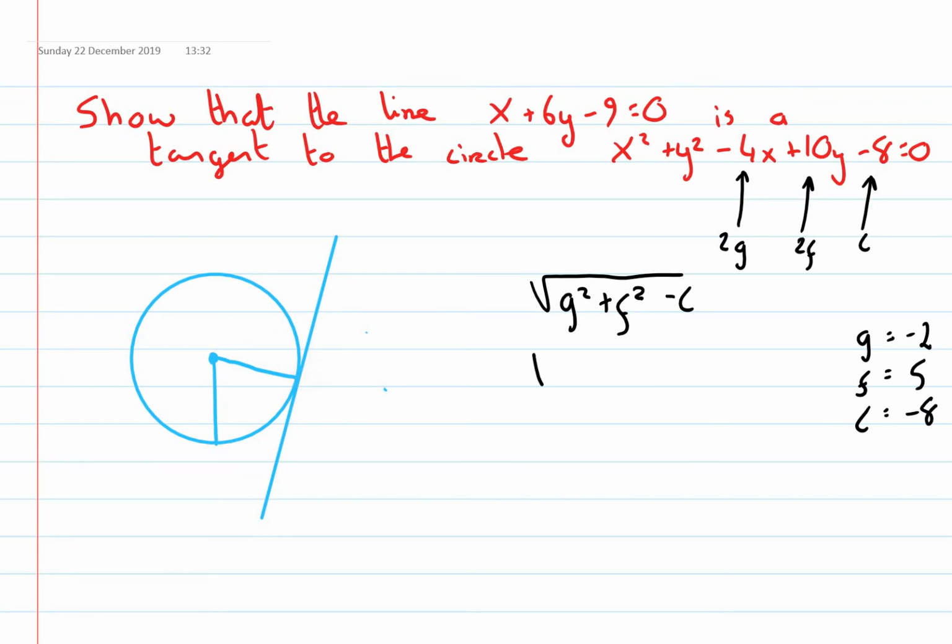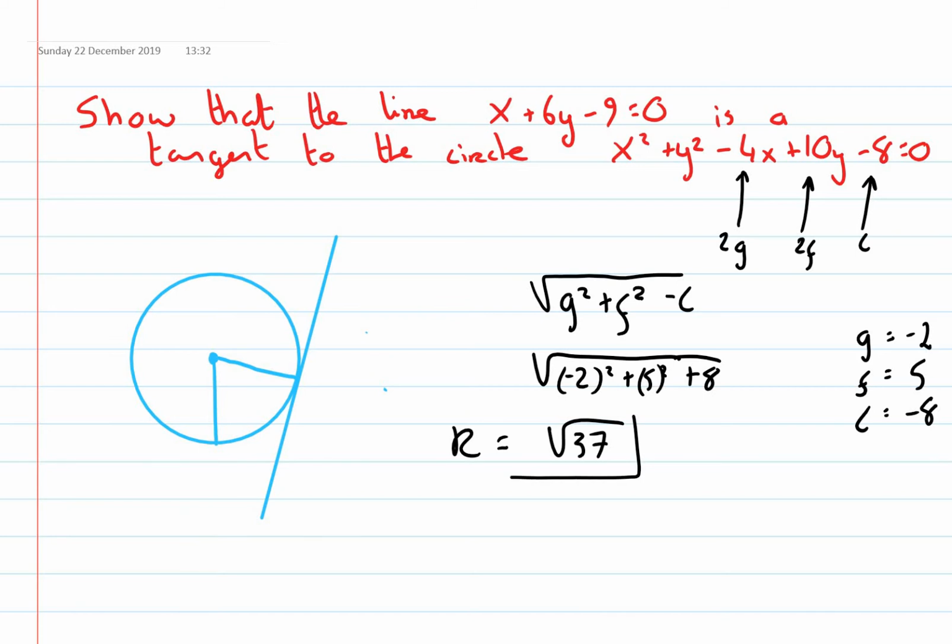So put it in here, and we get minus 2 squared plus 5 squared minus minus 8, which is plus 8. If we work all that out, we get the square root of 37. So that's the radius, square root of 37.